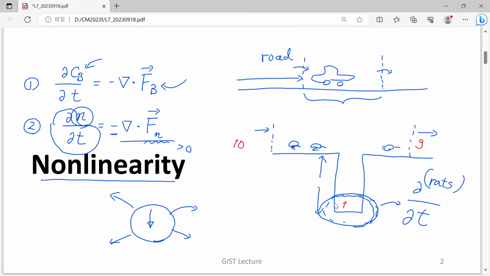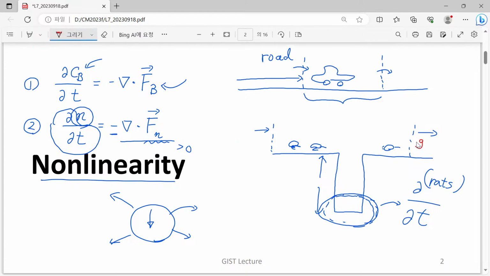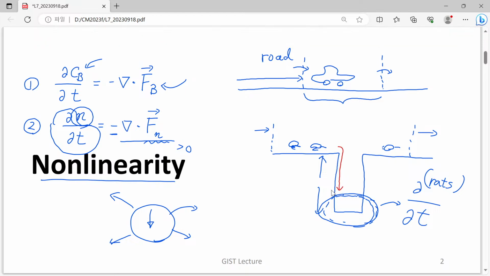In order to capture the net increase of LEDs in this case, you must consider how many LEDs are actually captured and how many LEDs are jumping and eventually escaping from this one. This is nothing related to this kind of behavior.